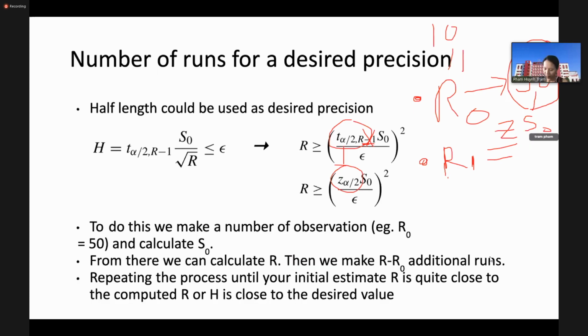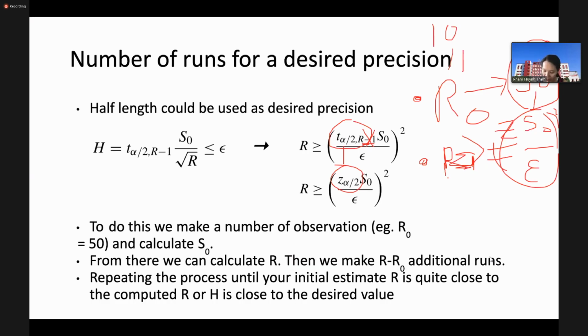And divide it by S0, squared. So we will have the new one and we calculate the new R1 value.